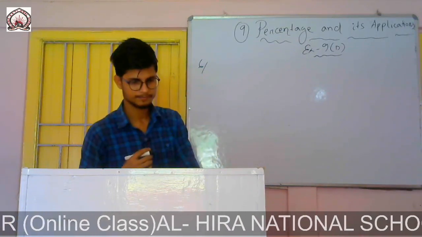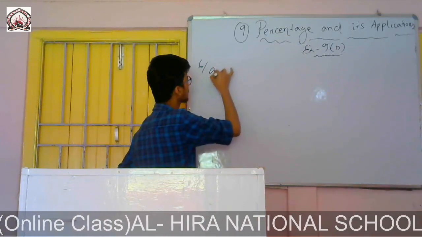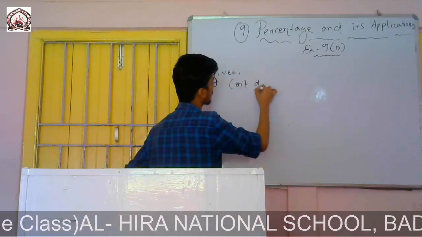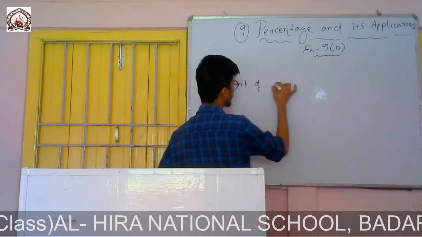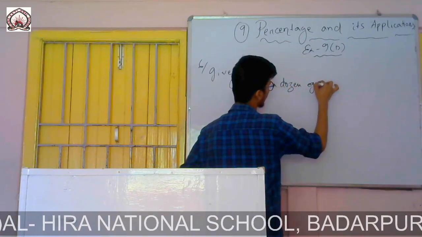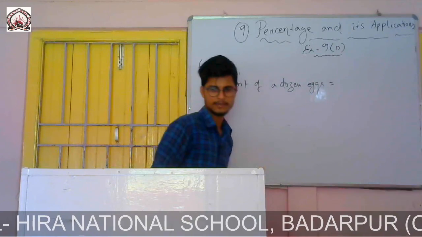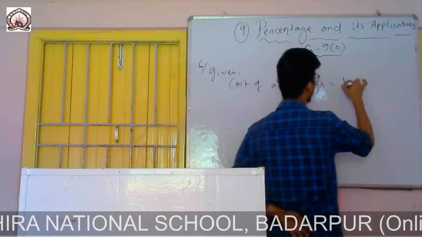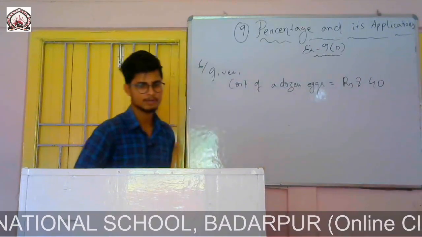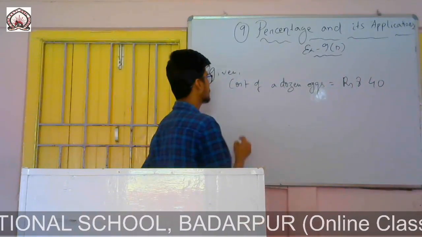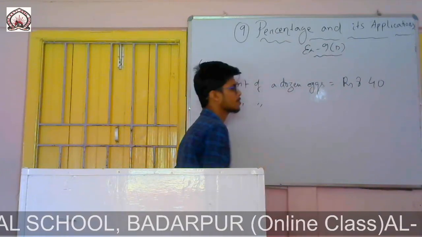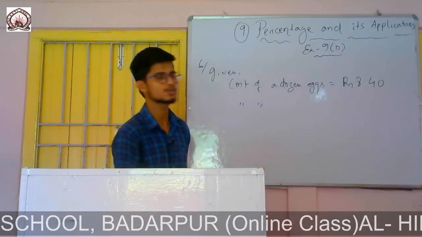So write, given: cost of a dozen eggs is equal to rupees 8.40. Therefore, the cost of a dozen. In place of one dozen, we know it is 12 units.